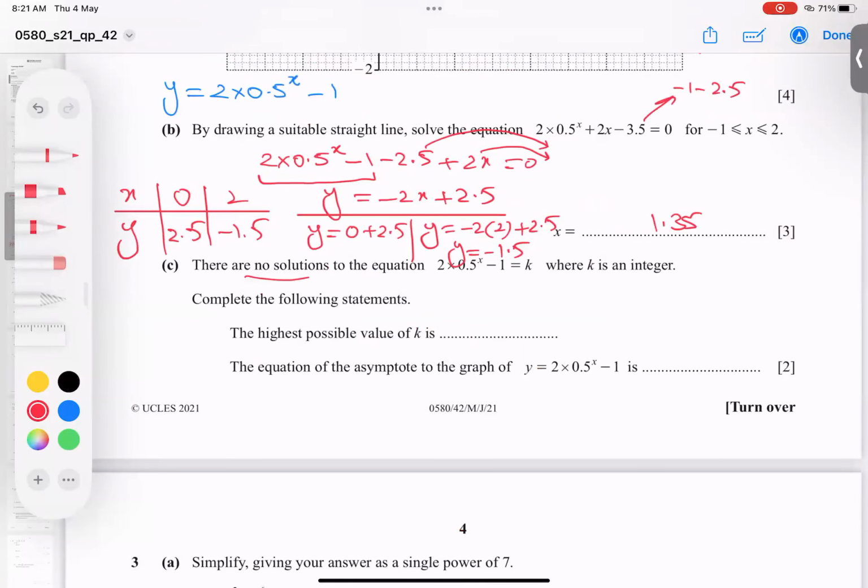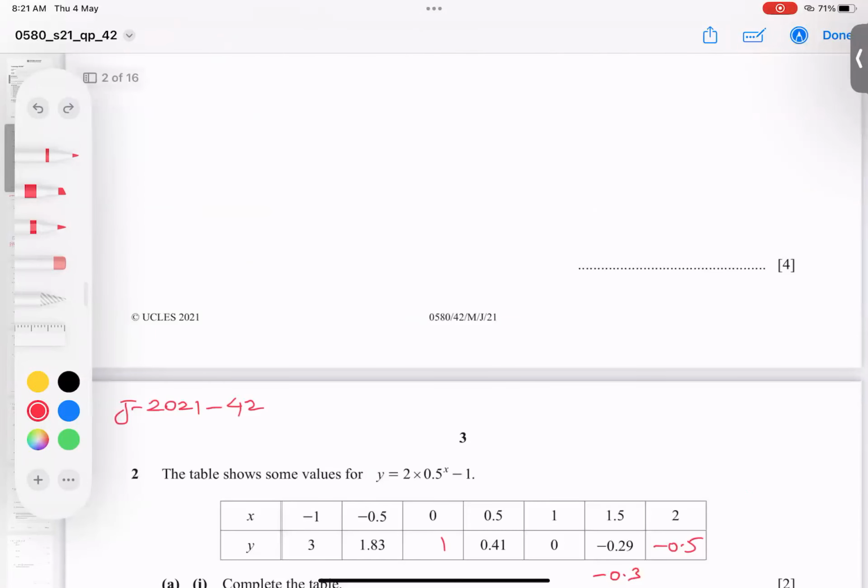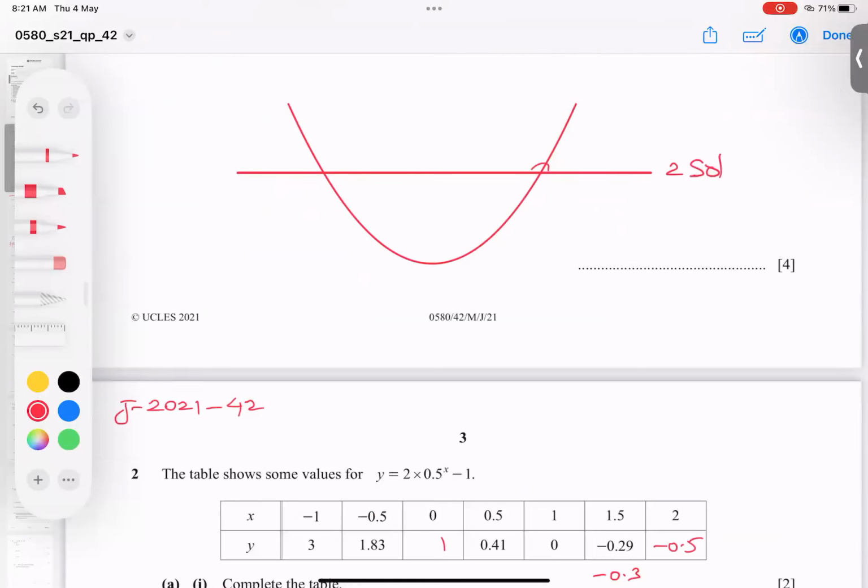Whenever he says there's no solution of the equation, I give an example. Whenever we have this kind of curve, suppose, and if a line cuts here, it has 2 solutions because it's cutting the curve at 2 points. Here, 2 solutions, cutting at 2 points.